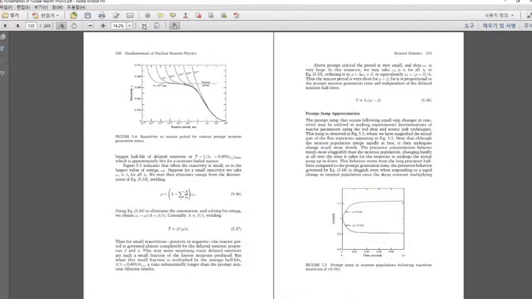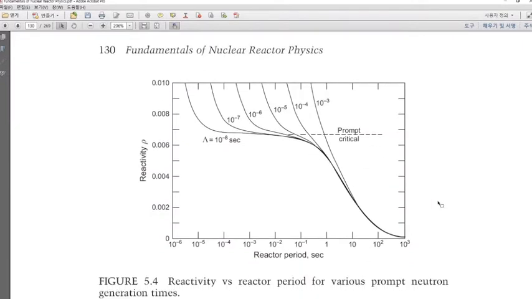So it is also important to clearly understand this figure. This is the figure relating the reactivity and reactor period. That means if the reactivity is given, then the reactor period can be determined.